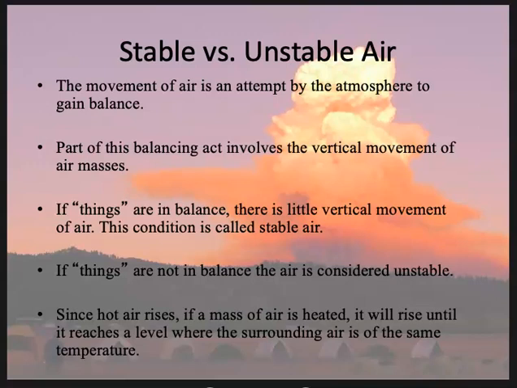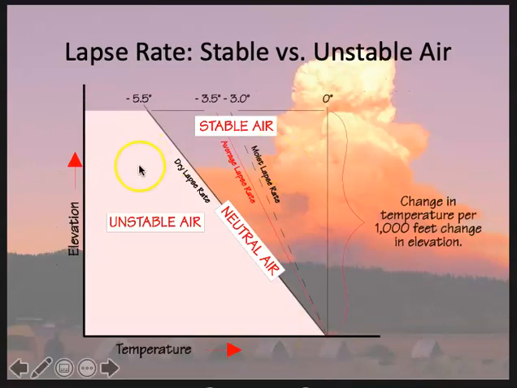That hot air is going to go up until it reaches that surrounding air where it's the same temperature. Now, as it goes up, it expands and gets bigger in size and takes up more space. So we talk about that in the lapse rate, and inversions and stuff.